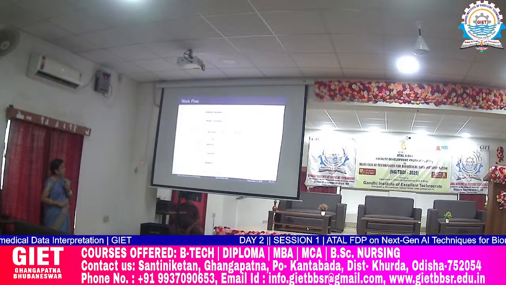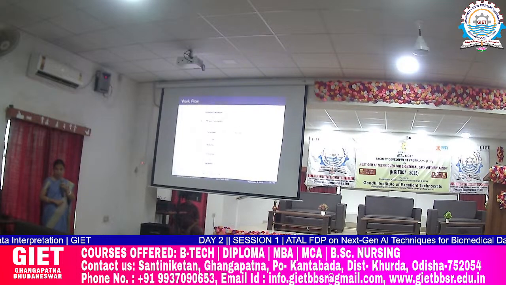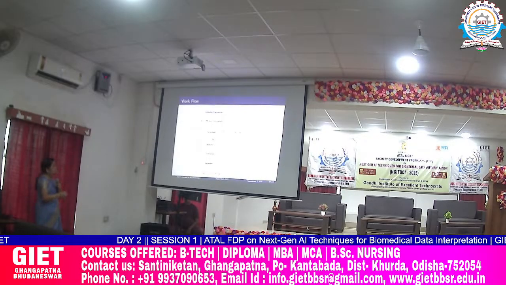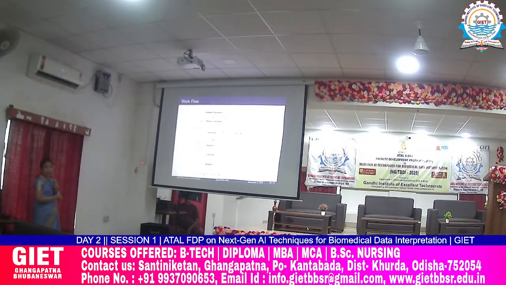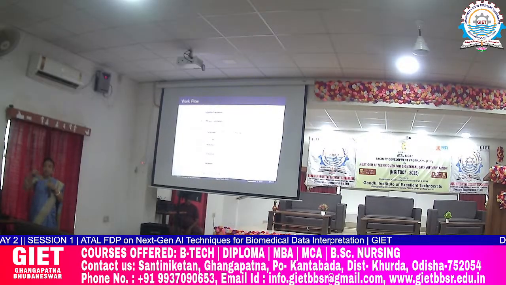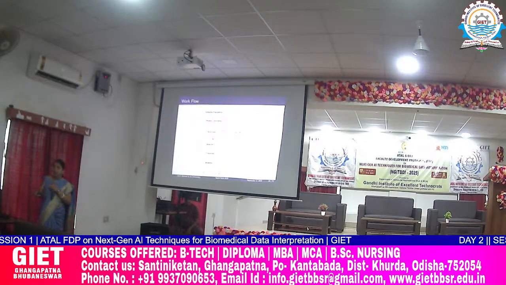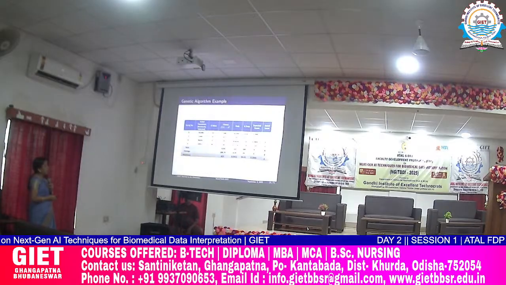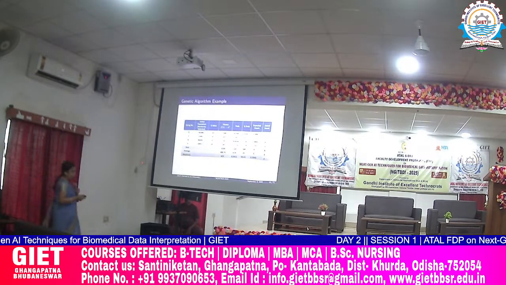Now if you apply these operators to the initial population, you will get a different set of population. Again you find out the fitness and again find the best from that population. This process will continue until you get the global optimum. So this is the procedure of the evolutionary genetic algorithm.